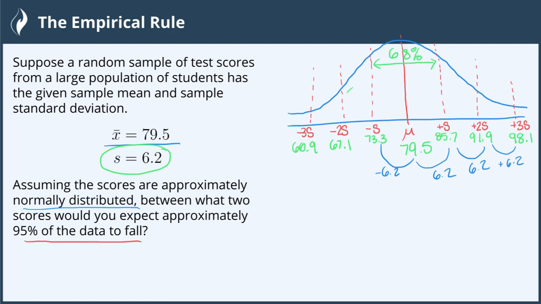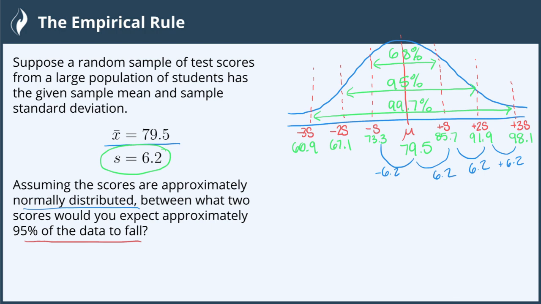Within 2 standard deviations of the mean, approximately 95% of the data will fall, and between 3 standard deviations of the mean, we'll approximately have 99.7% of the data if it's normally distributed.